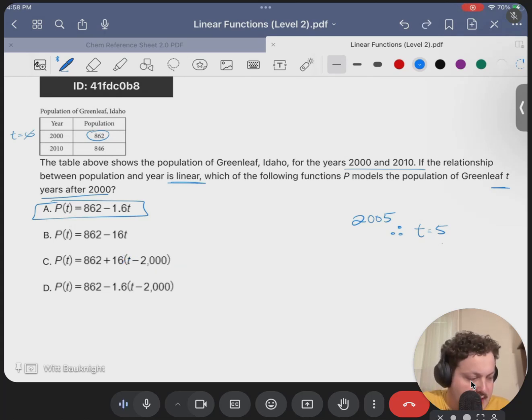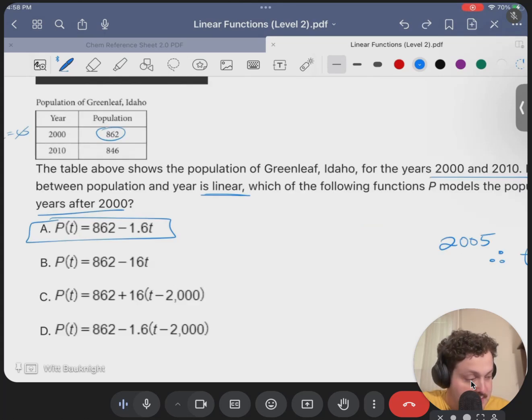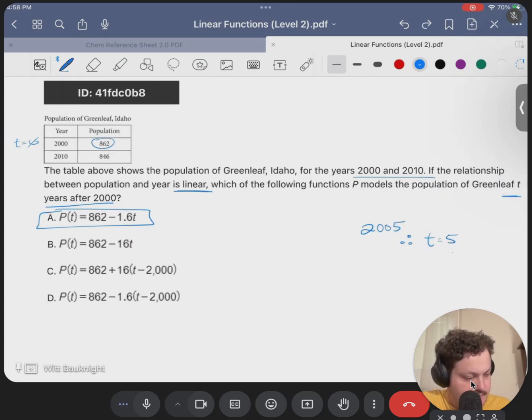And then be careful. Or let me be careful. It took 10 years for this population to go down by 16. So slope should equal 16 over 10, which is where the 1.6 comes from.